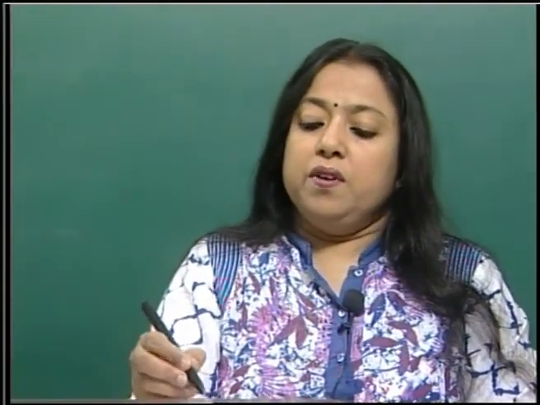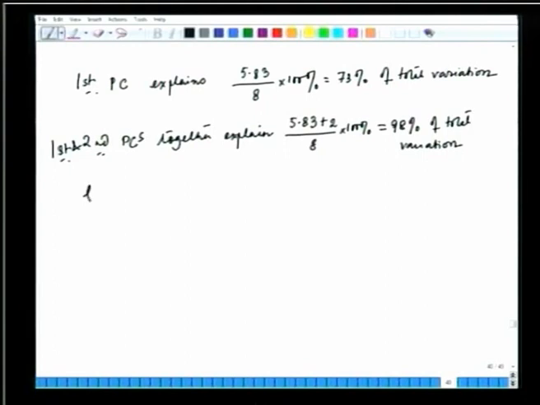And what about the correlation coefficient? I have rho of xi, yk. If you recall, we used the notation yj, and this was eij times root of lambda j by sigma ii.